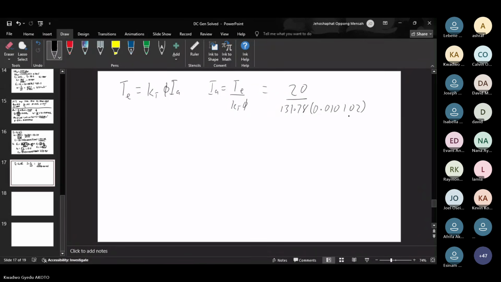So IA, for this torque, is going to be 15.03 amps, right? So now we can just find our EB using VA minus IA RA, right? And our VA has been given to us as 380, right? So we have here 380 minus 15.03.